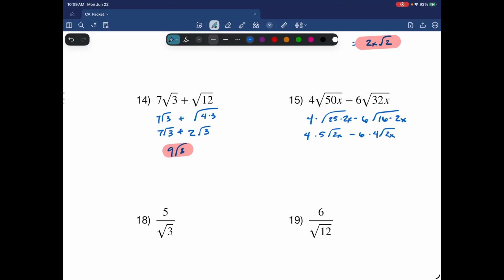And then whatever's outside gets multiplied together. So you got 4 times 5 and 6 times 4, so I got 20 square root of 2x minus 24 square root of 2x. 20 minus 24 is negative 4 square root of 2x. Okay, so there's that.